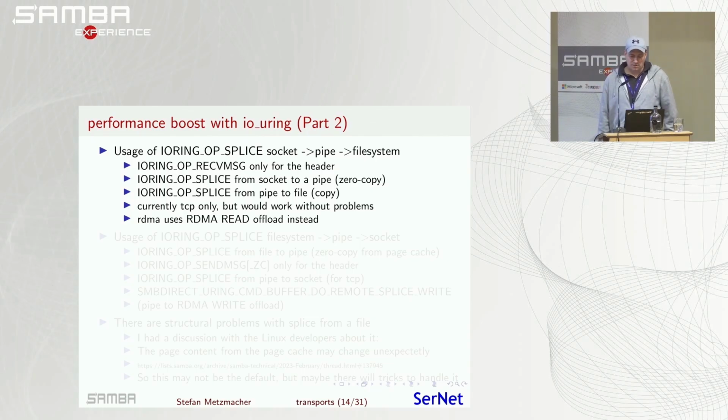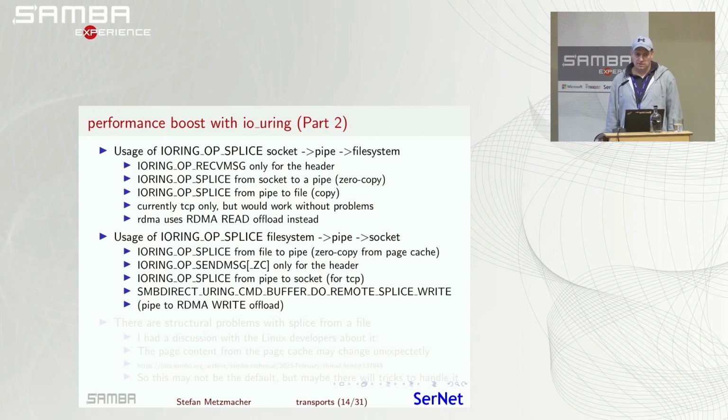But because of restrictions in the kernel on the file system layer, from the pipe to the file system, we still see a copy of data. As well, currently TCP only, but it should work without problems. And for RDMA, it's not that critical because the huge data transfers are offloaded to RDMA read anyway, so it's not so important.